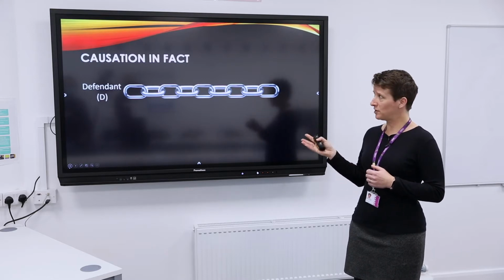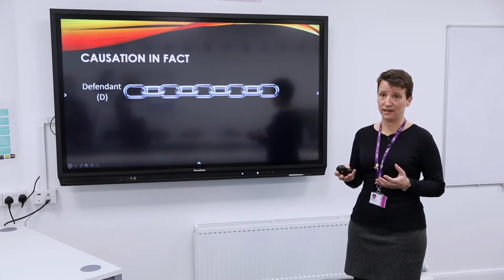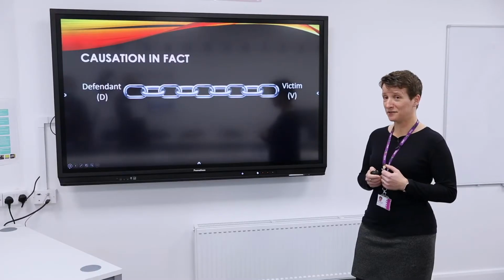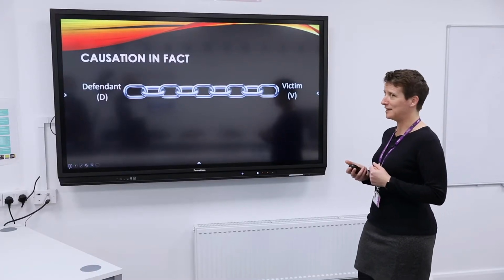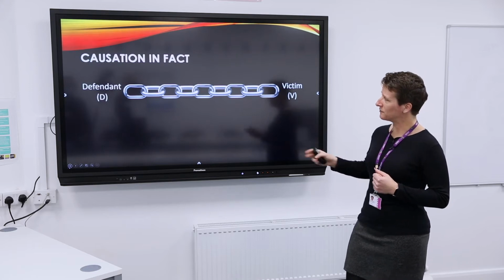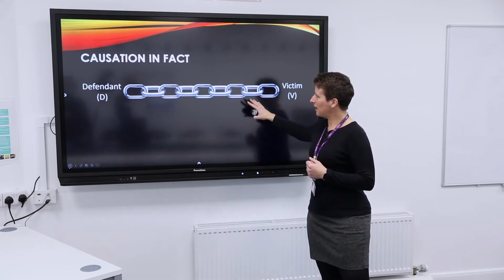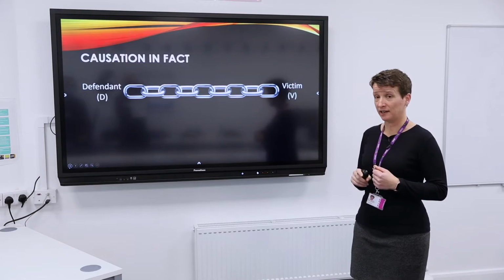And you'll notice that we abbreviate in law defendant to D. It's one of the words that we use all the time and one of the words that you will use in an exam. So it's absolutely acceptable for you to refer to D. So D is at the beginning of the chain, and at the end of the chain we have the victim, V.